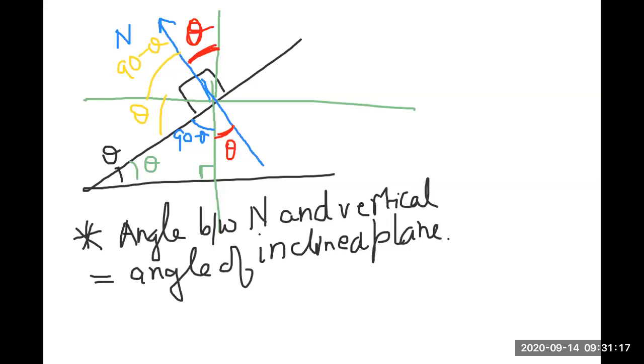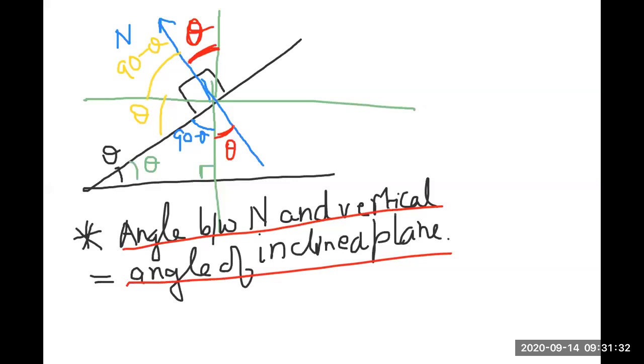Okay, this is a rule. Like I said, it's not really a rule, it's an observation. It is a simple geometrical conclusion that we can draw and we can generalize.